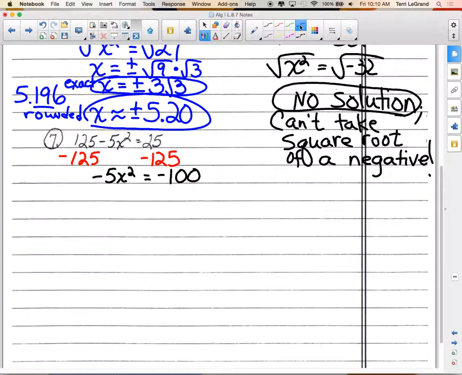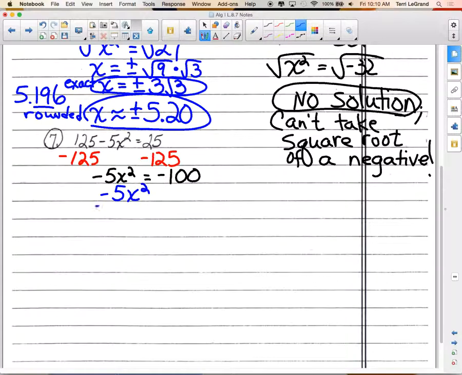Okay, now be careful. Do not stop here and say, oh, there'd be no solution because I can't take the square root of negative 100. We're going to get rid of that negative 5 first, and then we're going to make that decision.